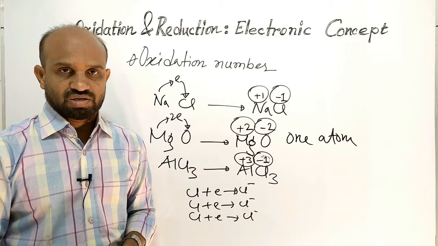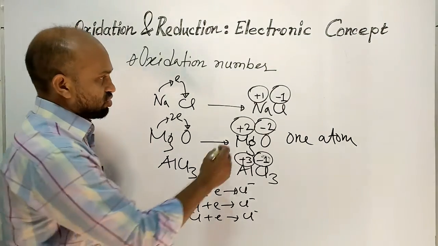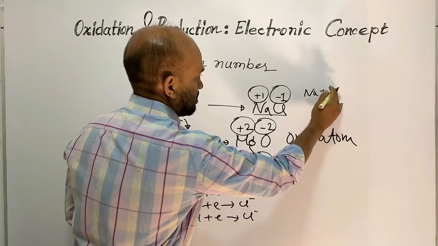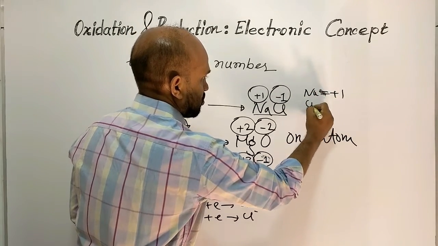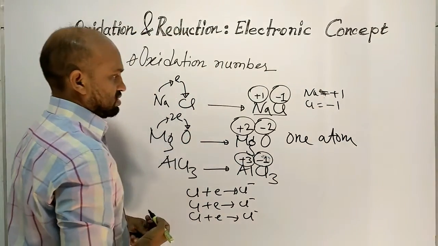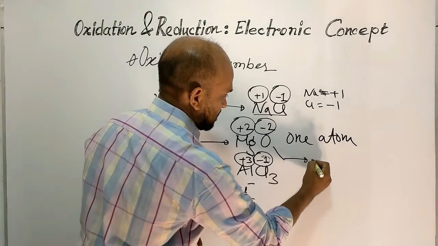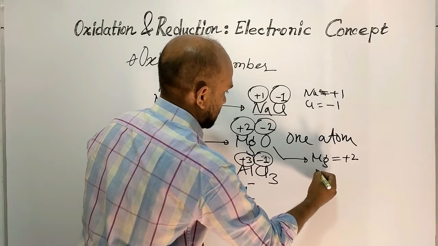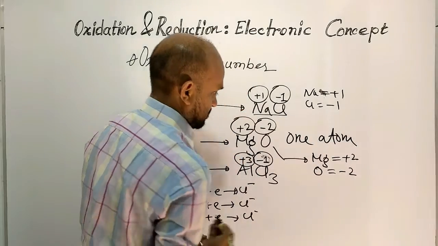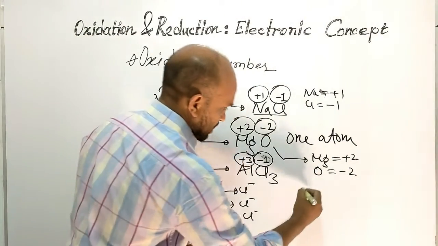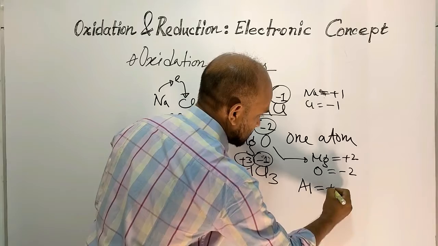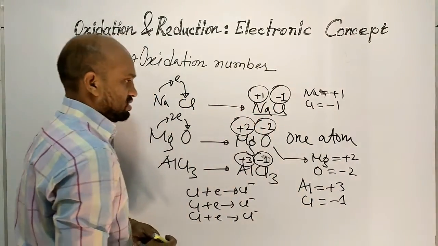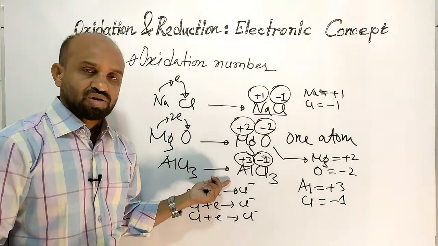So in sodium chloride, the oxidation number of sodium is +1 and chlorine is -1. In magnesium oxide, oxidation number of magnesium is +2 and oxygen is -2. In aluminum chloride, oxidation number of aluminum is +3 and chlorine is -1. These are the ionic compounds.